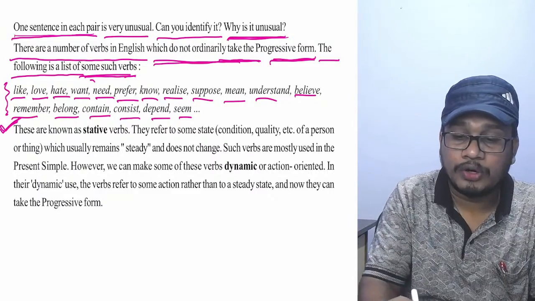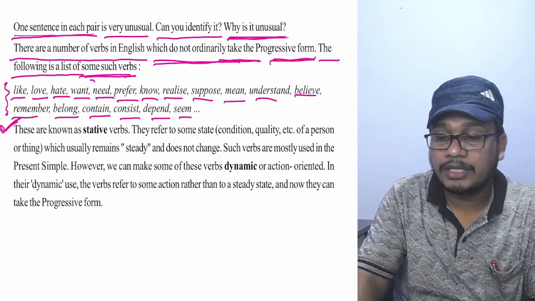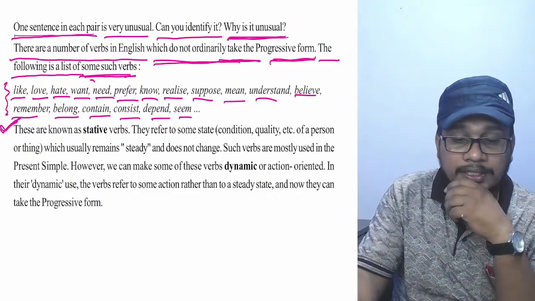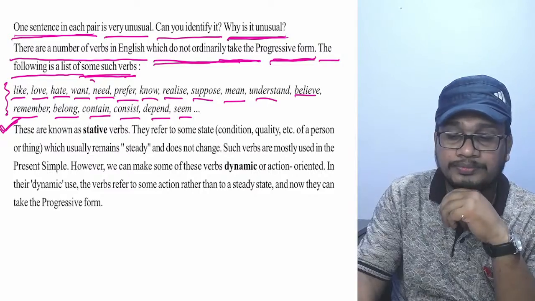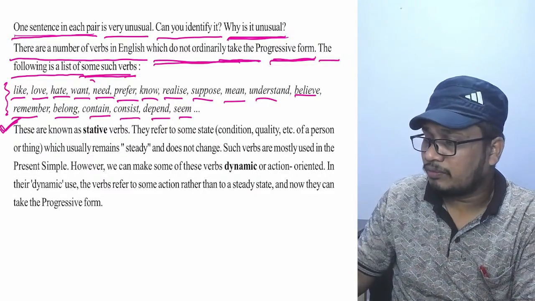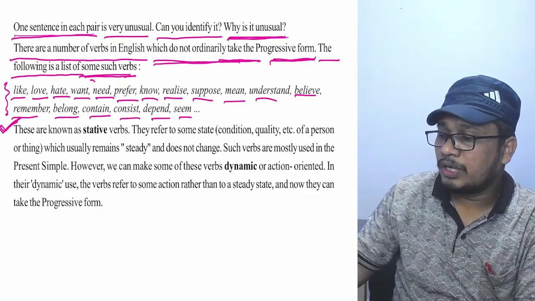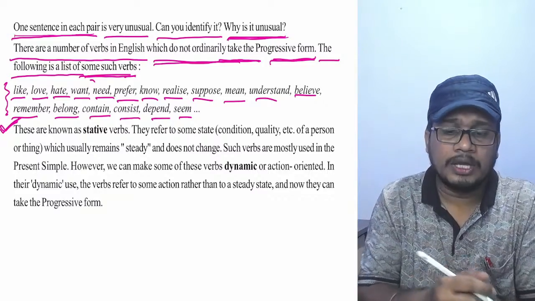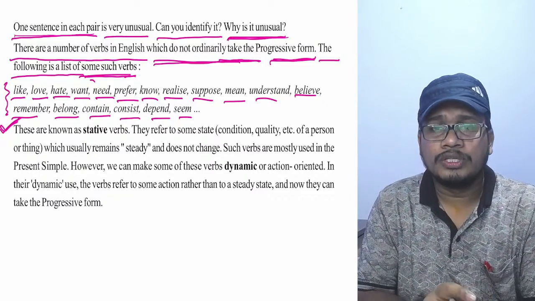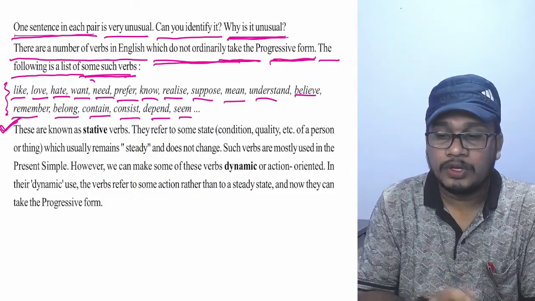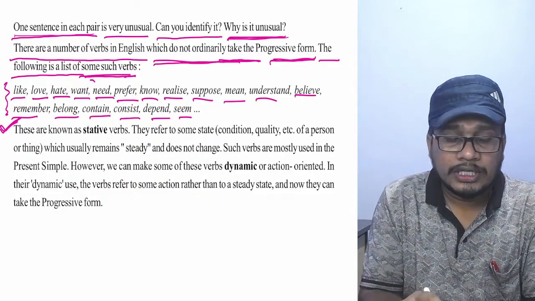There are a number of verbs in English which do not ordinarily take the progressive form, and here is a list given.